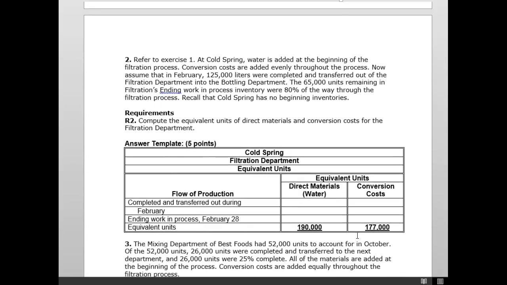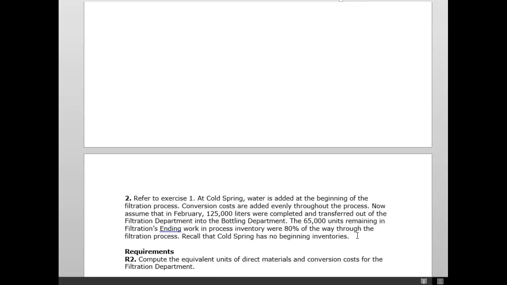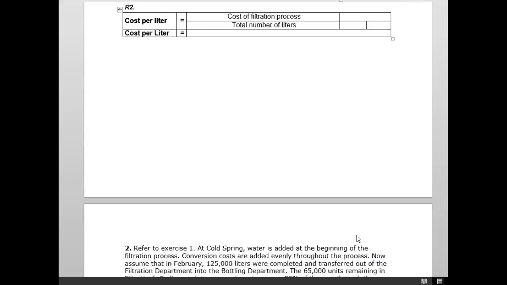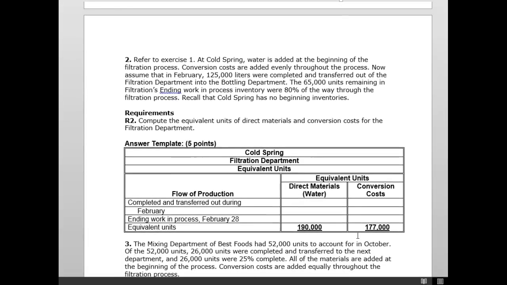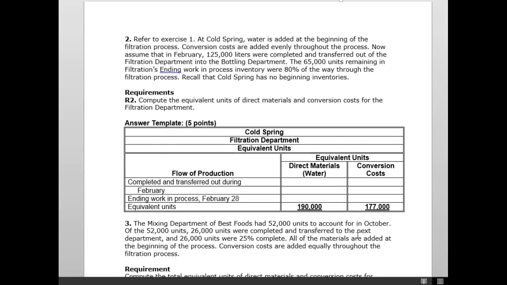Now for 2, we're going to refer to this information up here, and we're going to figure out equivalent units. It would be very nice if, when processes were done, everything that was started was finished. But that isn't the way it works, because you usually have some in process in between.